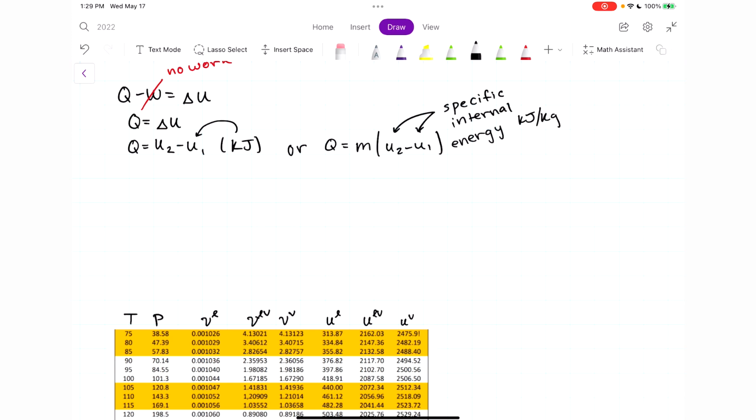So let's go ahead and start finding U1. U1, as in specific internal energy, the internal energy in our state 1. In our state 1, we know that it's a saturated mixture, as we found in our last video.